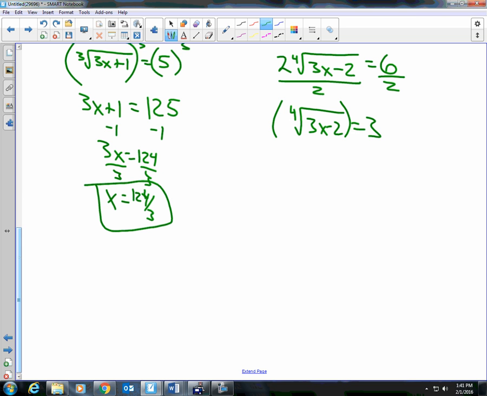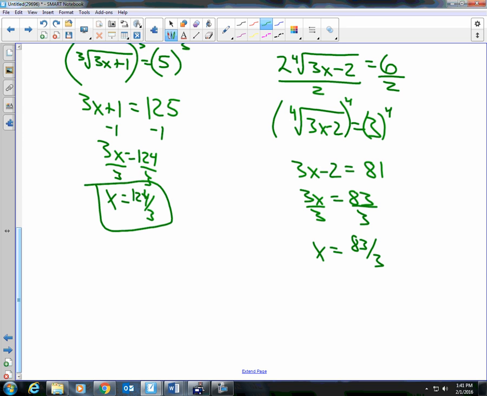How do I get rid of a fourth root? Fourth power. 3 times 3 is 9, times 3 more is 27, times 3 more is 81. X is 83 over 3.